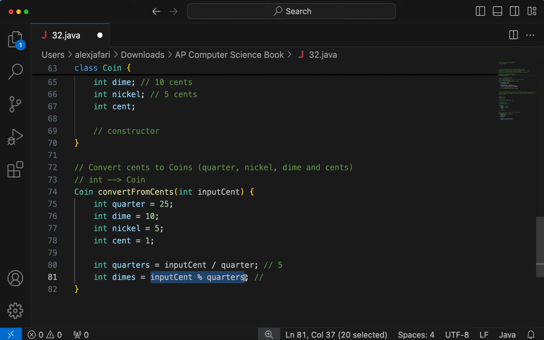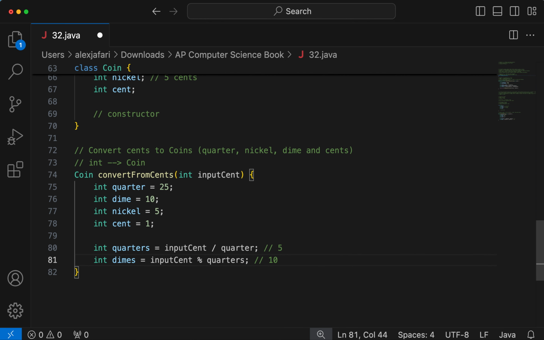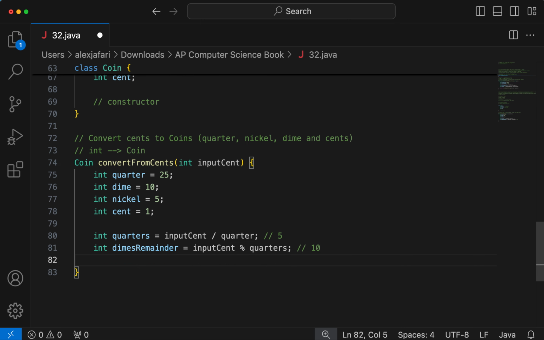And the remainder is going to be 10, because 5 times 25 is 125. No, it's the remainder of quarters. Oh, yeah. Okay.